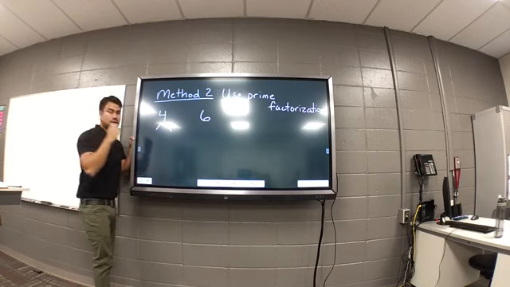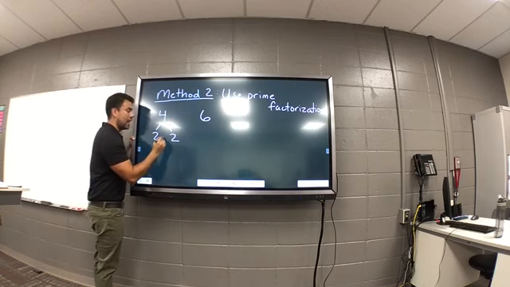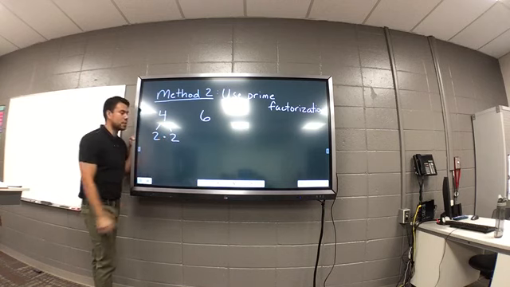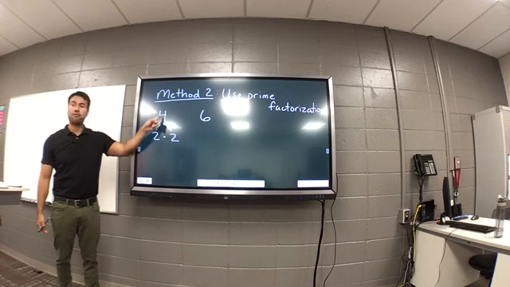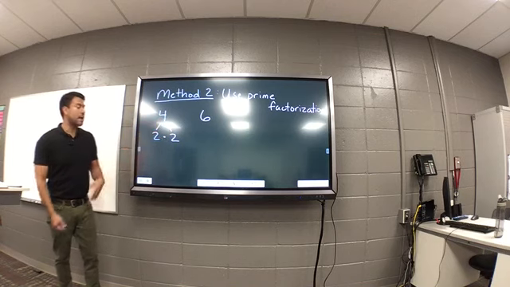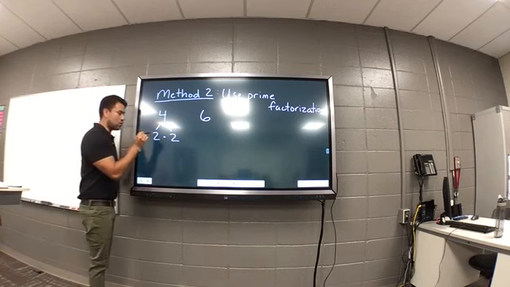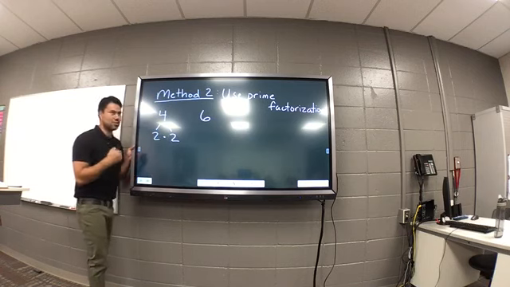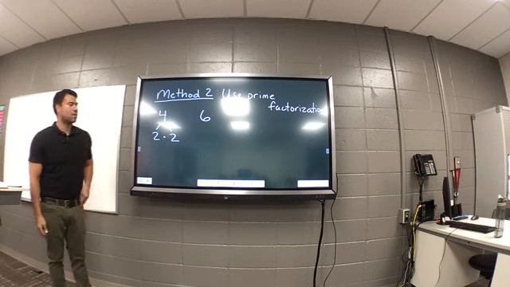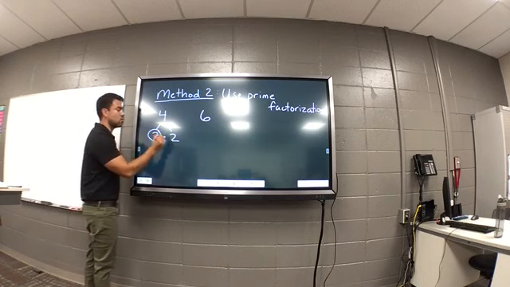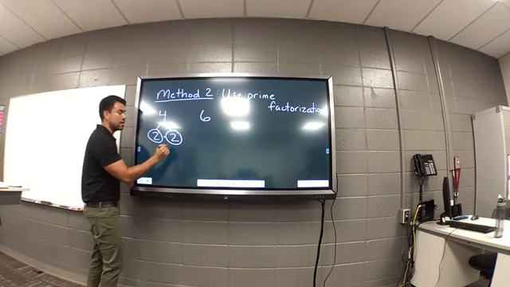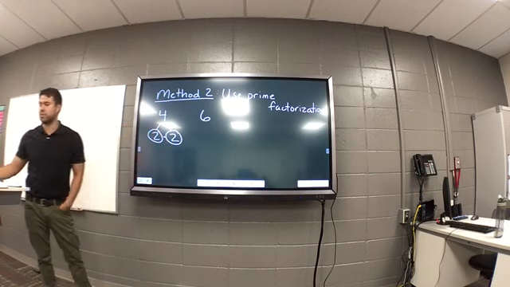Yes, Mary? 2 times 2. Some people like writing a little multiplication symbol so they know you're multiplying 2 times 2 to get 4. That makes sense? Now, is 2, the same number, a prime number? Yes. You guys agree with that? So I circle it, and I don't have to branch out anymore. I'm done with the prime factorization.